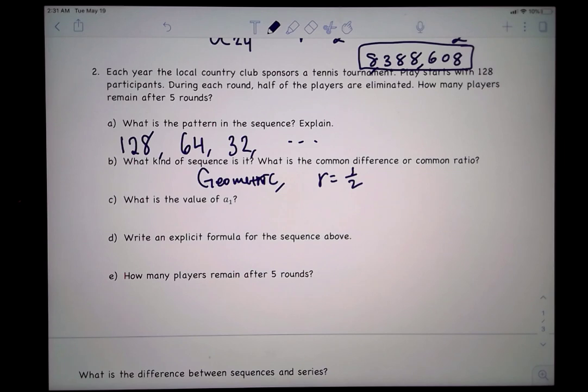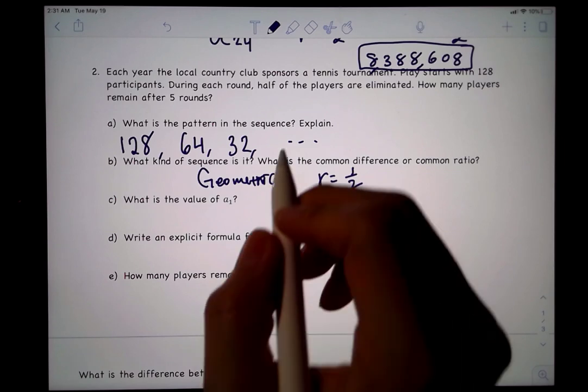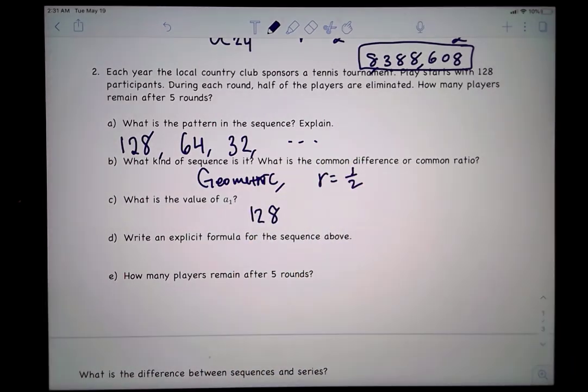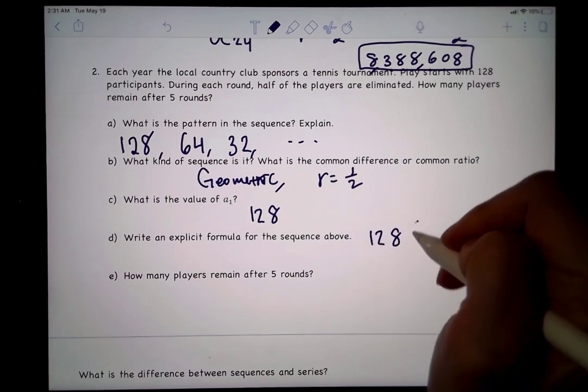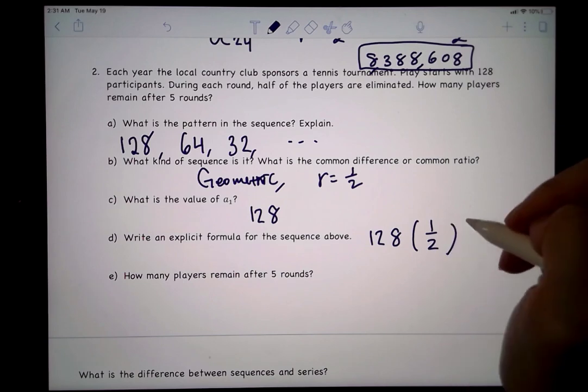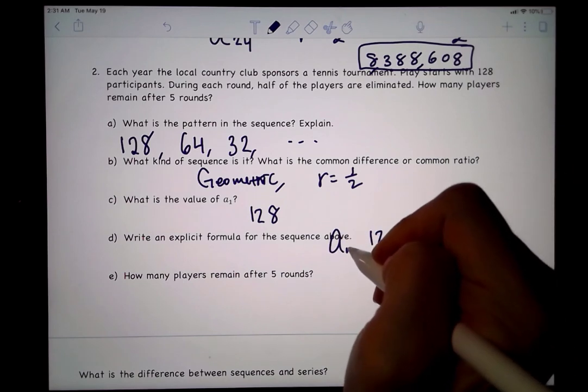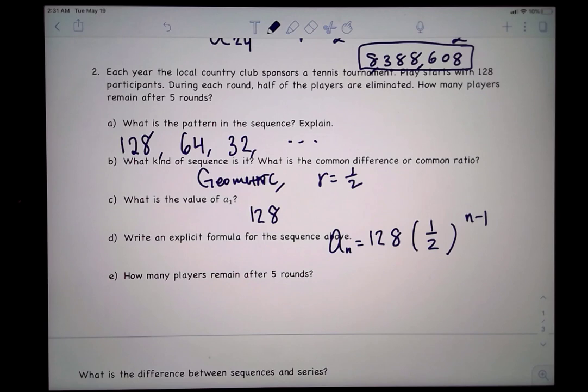And what is the value of A1? My A1 is 128, right? And then write the explicit formula: 128 times 1 over 2 to the n minus 1. That's my explicit formula. I saw some students got confused with each round, because our lesson video and this homework are a little different.